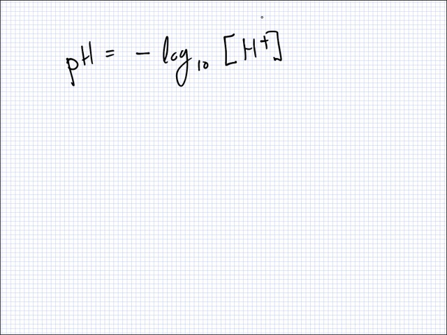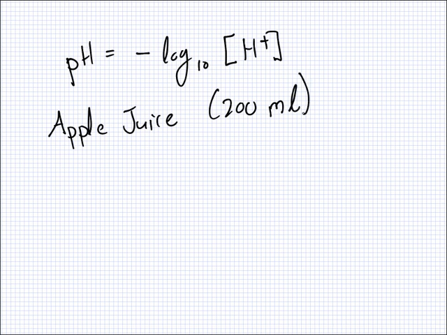Guys, listen. So, for example, let's take something like apple juice, 200 milliliters, and we'll say it has a pH level of 3.5.